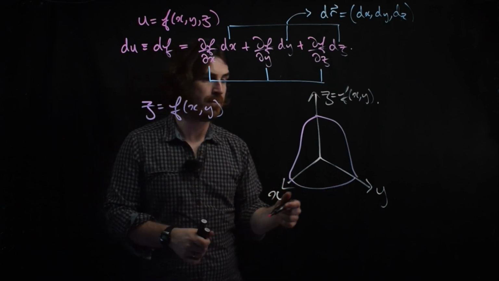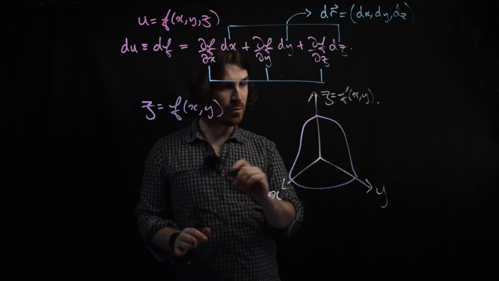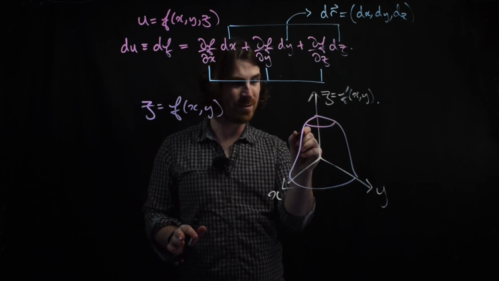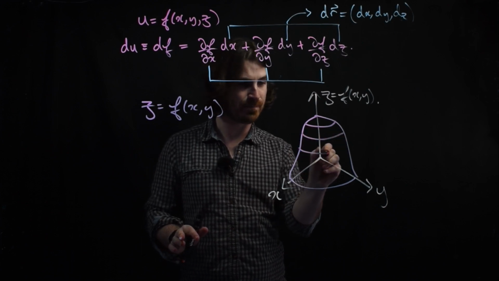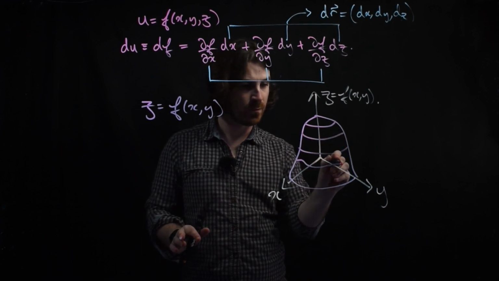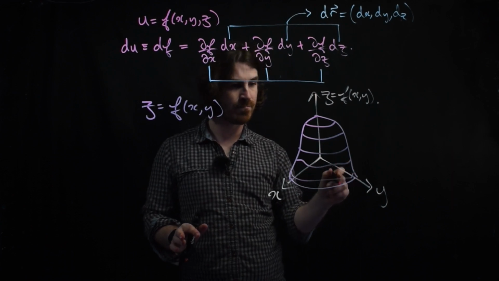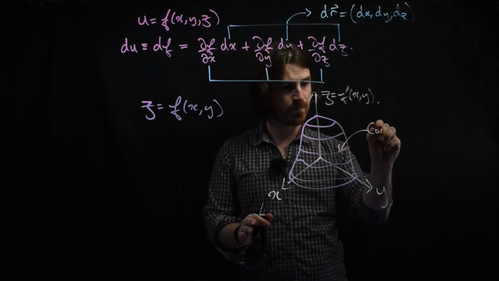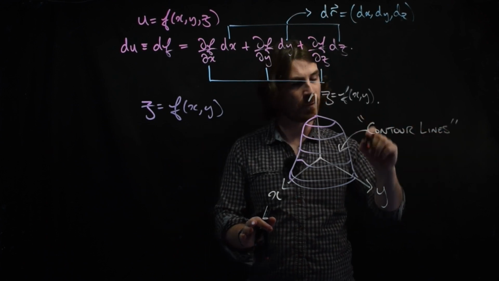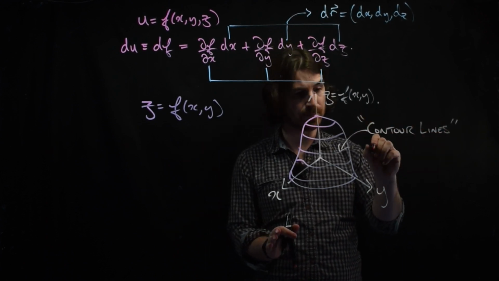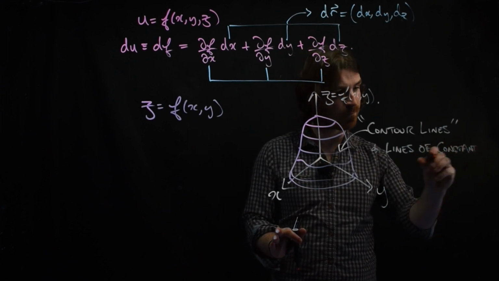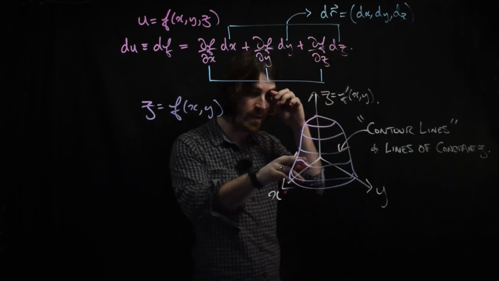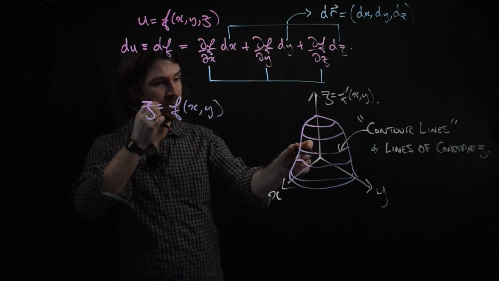Now you can draw what are called contour lines, and these are lines of constant z. So these are contour lines. Each of these lines represents a different value of z.